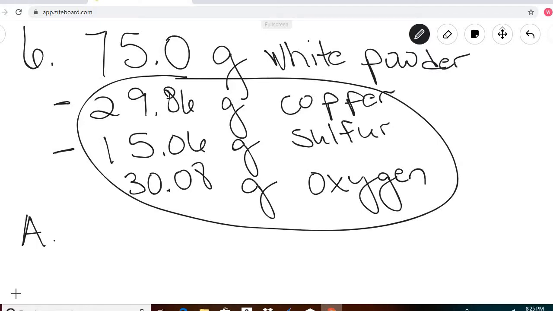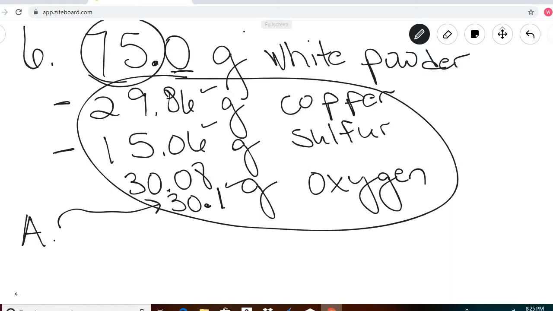Now, in terms of significant figures, because we're subtracting here, we're going to go to the value that is the least precise. This goes out only to tenths. So our answer would be 30.1 grams of oxygen. So that's part A, and now this plus this plus this is going to give us the 75 grams that we started with.